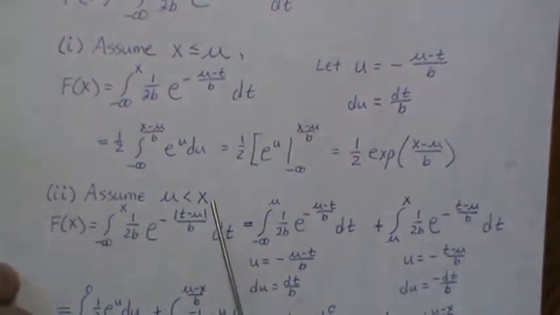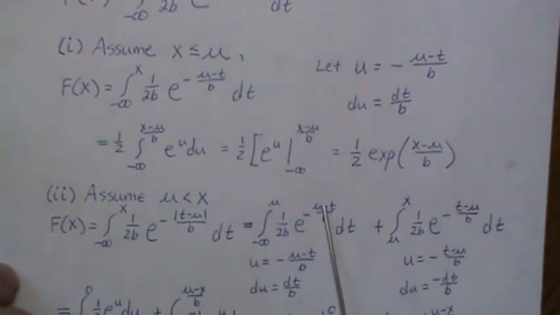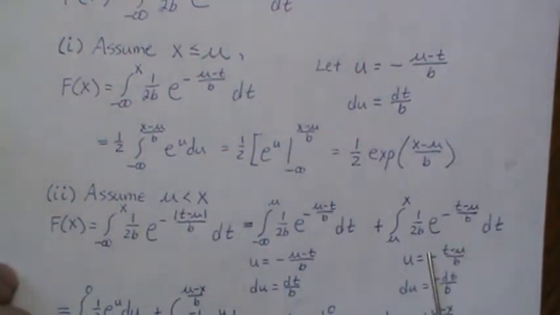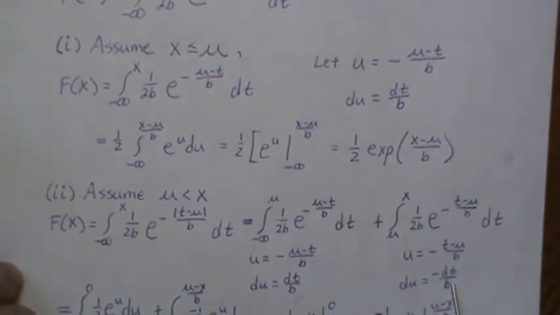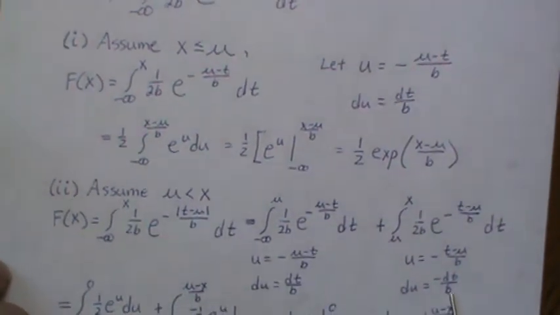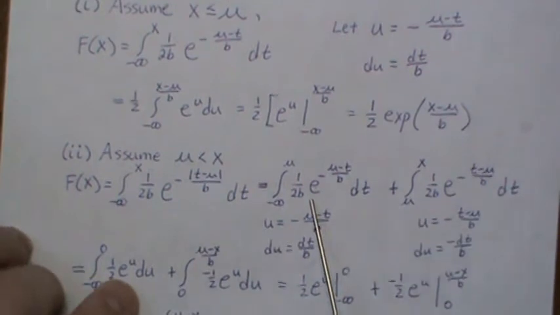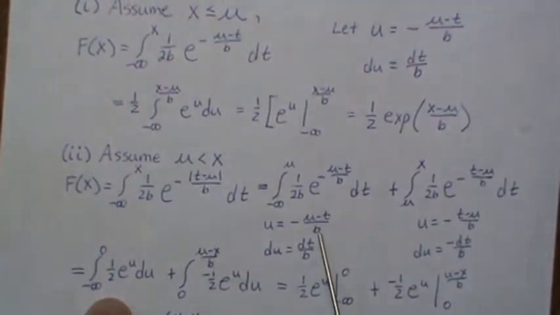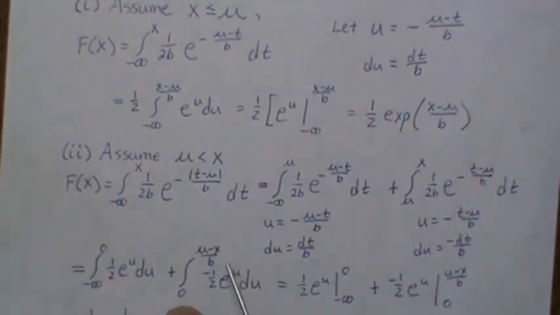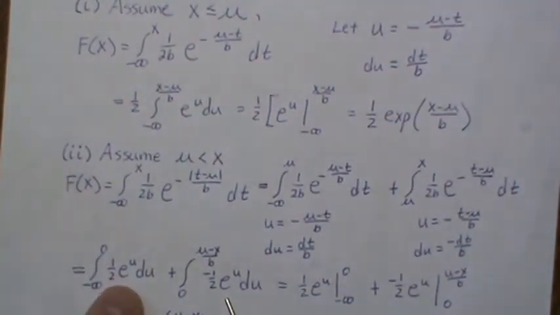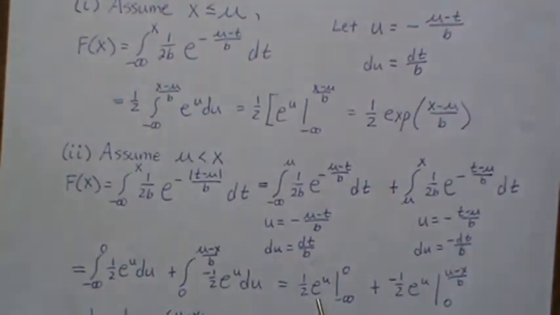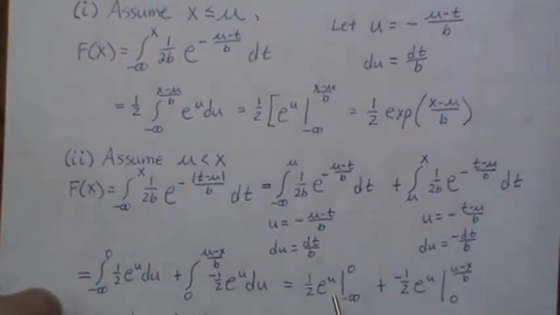And then the density has an absolute value sign, so we have to make those positive. So again, u is this exponent, du is minus dt over b. We plug this u substitution in here, this u substitution for this one, and then the antiderivative of this is 1/2 e to the u.